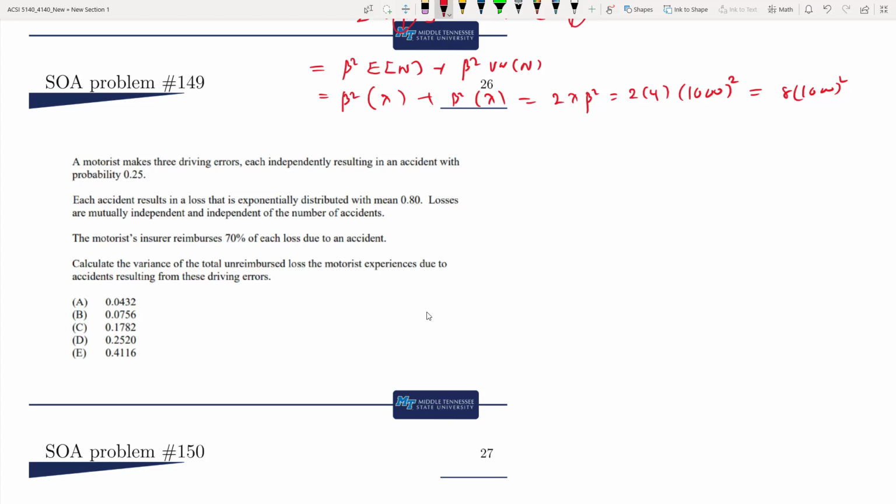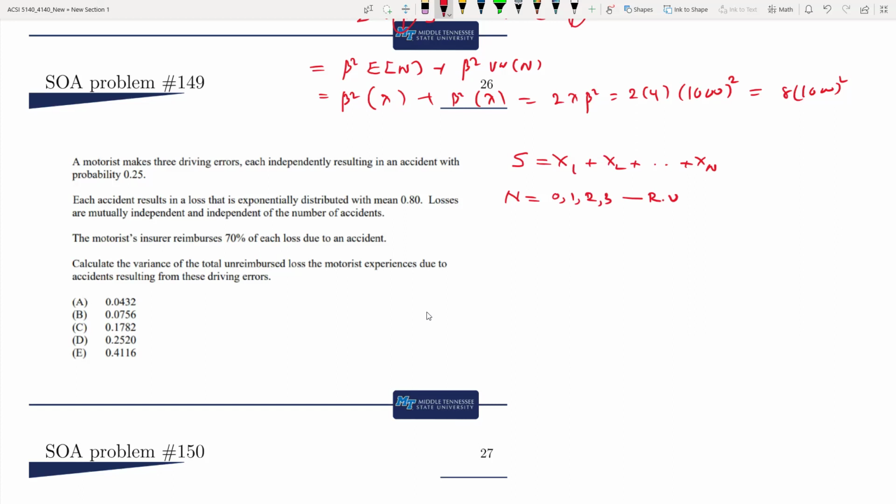If S is the loss, this is going to be x1 plus x2 plus up to xn. There are actually only 3 possible accidents, so n is a random variable that can take 0, 1, 2, or 3. You can have 3 accidents, 2, 1, or 0 accidents, but we don't know which, so it's a random variable.